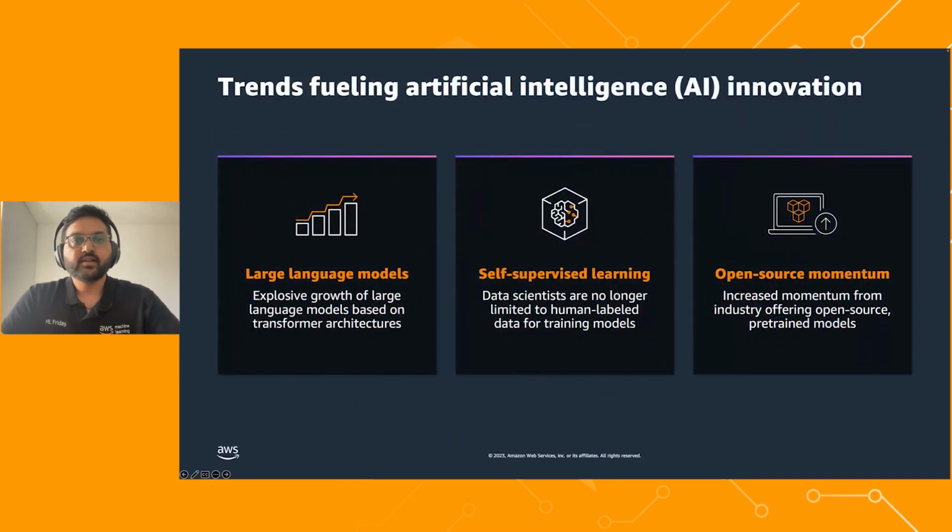So let's review the latest trends in AI that are propelling the flywheel we looked at in the previous slide. Customers are driving AI innovation at an accelerated pace to keep up with the applications and use cases which meet their demand. Possibly the hottest topic in today's deep learning paradigm is large language models, or large models in general, which are basically driven by transformer based architectures.